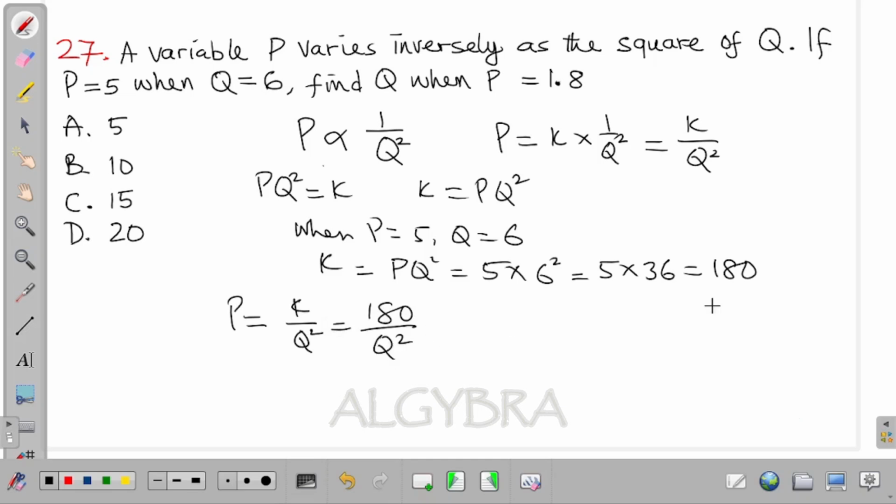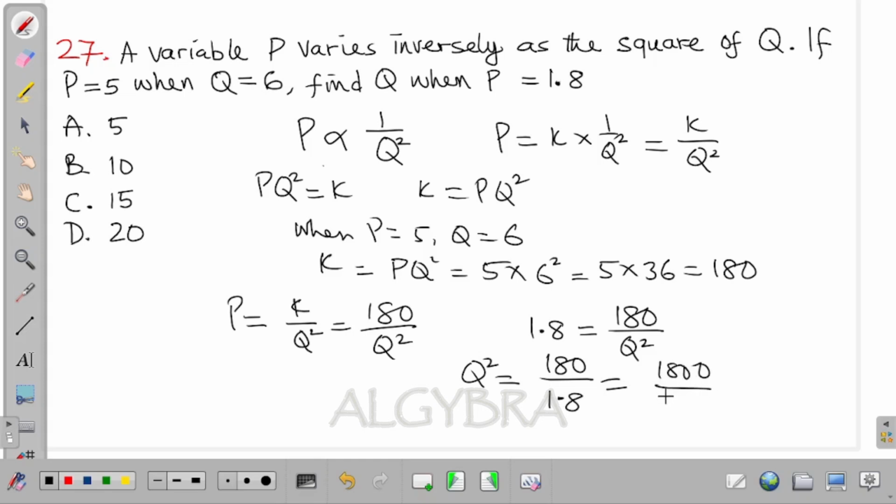So now we're looking for the value of Q when P is 1.8. So from this equation, I will say that 1.8 is equal to 180 over Q squared, right? And if I take this Q squared to the left hand side and bring this 1.8 to the right hand side, I'm going to have that Q squared is equal to 180 over 1.8, which is the same as 1800 over 18, which is the same thing as 18 times 100 over 18.